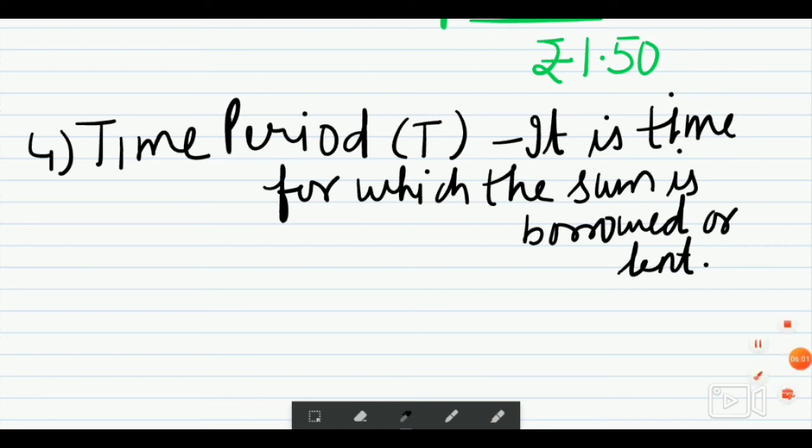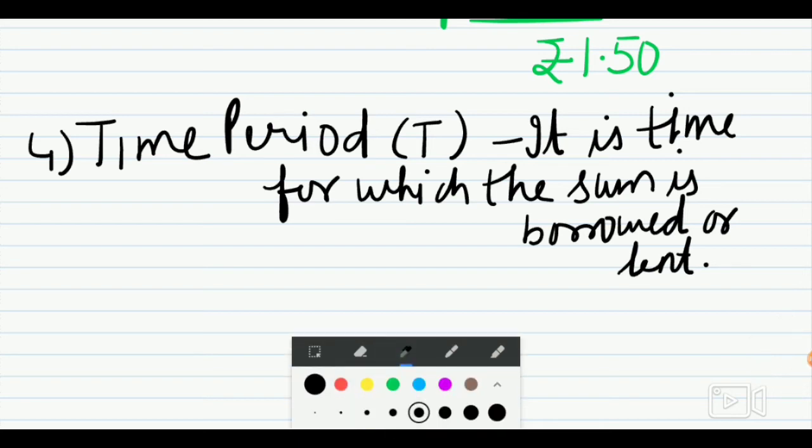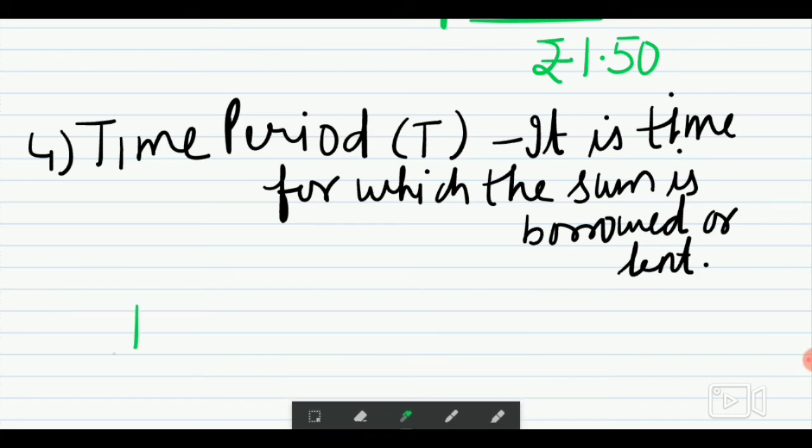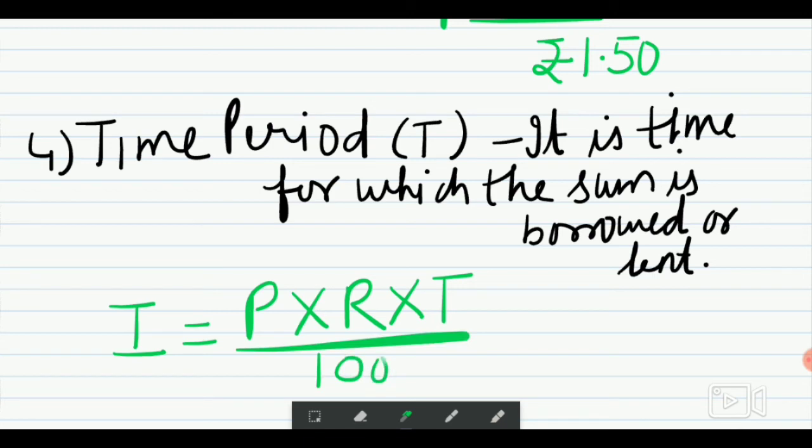And the last thing is how to calculate. The formula we are going to use is simple interest is equal to principal into rate into time upon 100. This is the formula we use to find the interest.